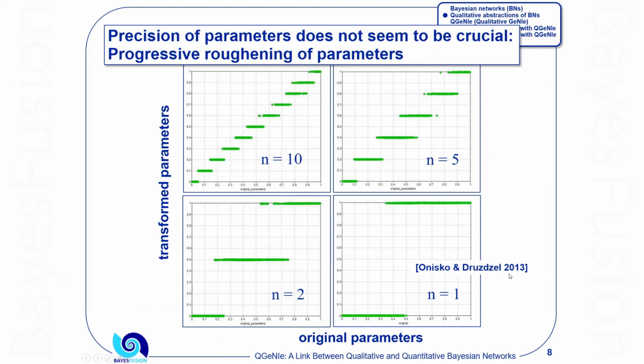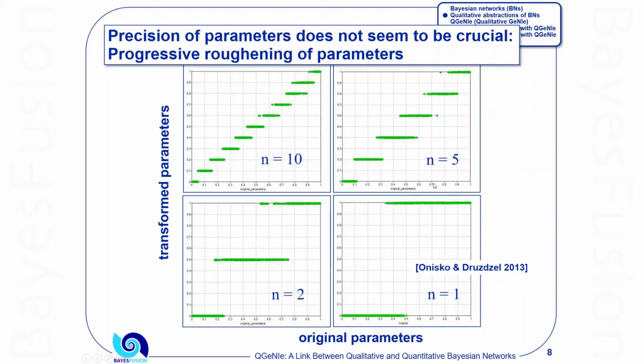There are two ideas that I wanted to mention that are underlying the qualitative QGeNIe. The first is that precision of parameters does not seem to be crucial. We performed a series of experiments with my wife Agnieszka Onisko, and what we did is we progressively rounded, made rougher parameters. These are all scatter plots.